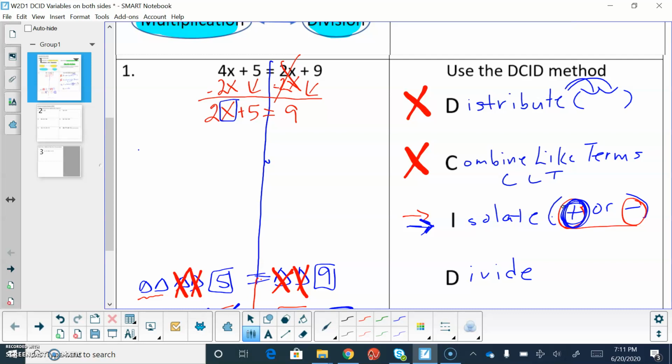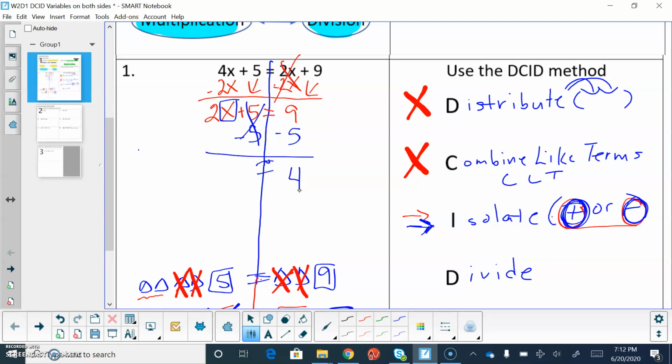And the opposite of plus is this minus again. So in order to get the 5 away, I'm going to subtract the 5, just like I did with the cubes. I took it away, and 5 minus 5 is 0. And then I have to subtract it on the other side because I have to do the same thing to both sides. And then I'm just going to keep going. I'm going to say, okay, 9 minus 5, that gives me 4.